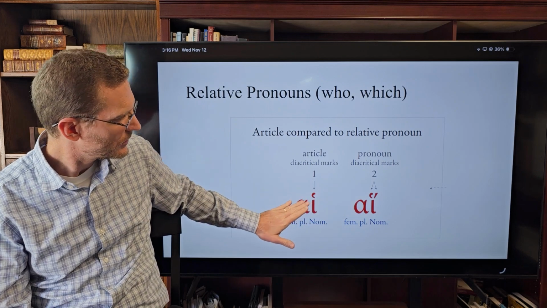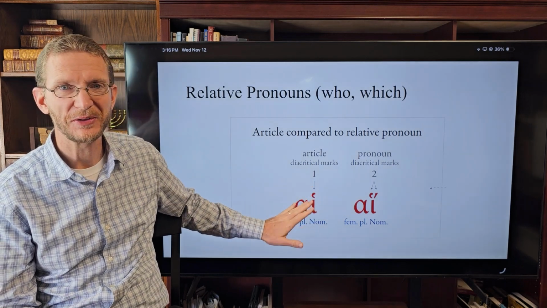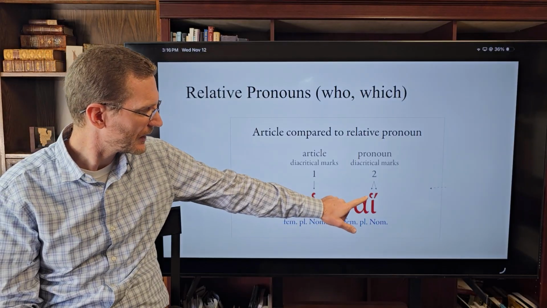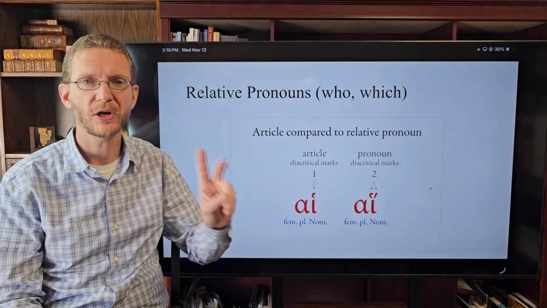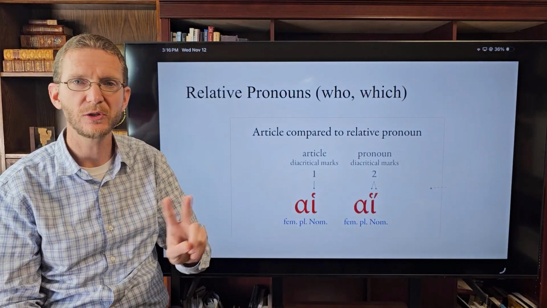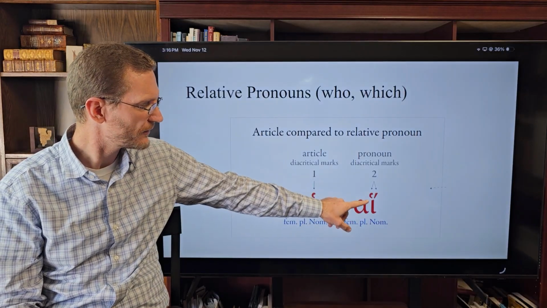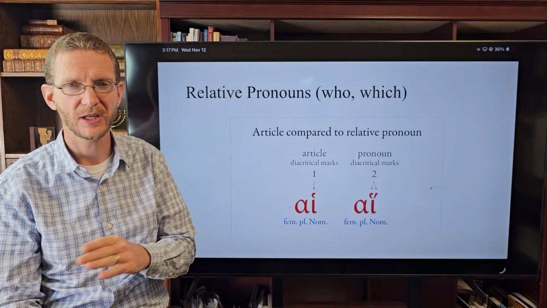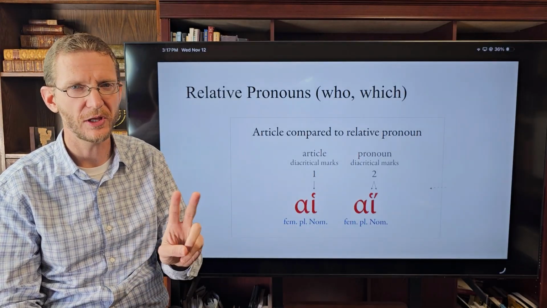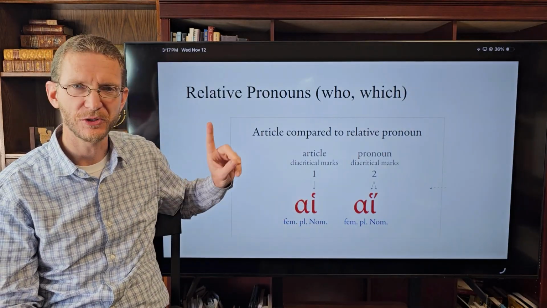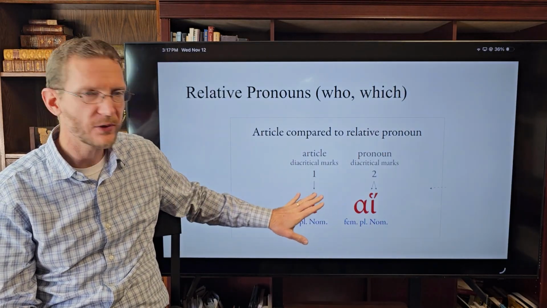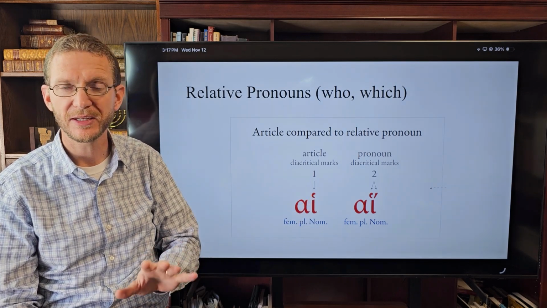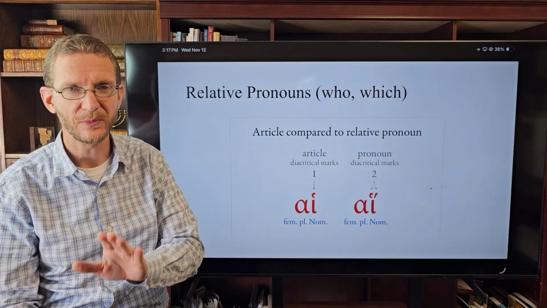And we're learning to distinguish between the article, which can follow the same pattern as the relative pronoun, by noting that the relative pronouns always have two accent marks or two diacritical marks. They will always have the rough breathing mark, and they will always have one extra accent mark of some kind. Okay? Always two, though. The article, just one. So that's what we're going to keep in mind as we go forward, and that will always enable us to tell the difference between a definite article and a relative pronoun.